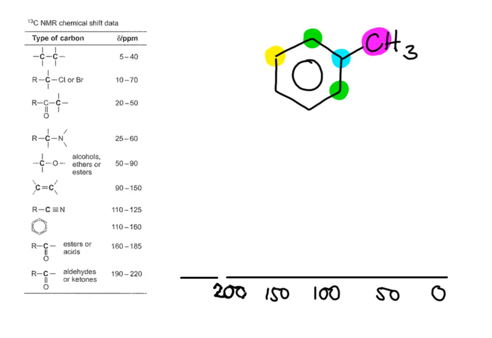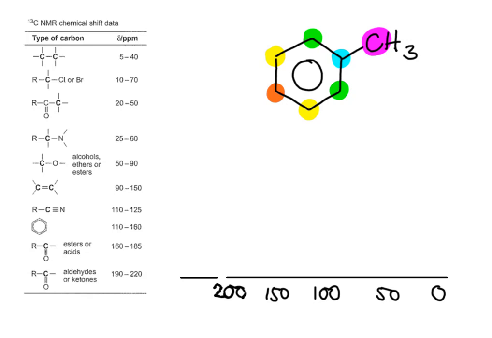This yellow one is now different to the green, so it's further away from the methyl group, and that carbon is the same as the other yellow one, and then finally that carbon is different as well. So you can see that we've got 5 different carbons in methylbenzene, so we'd expect to see 5 peaks.